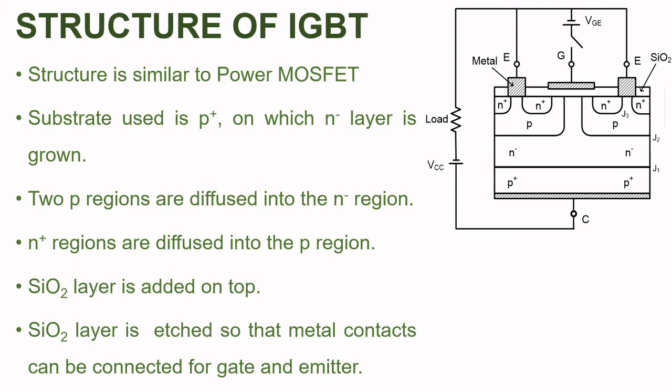On top of the surface, a layer of silicon dioxide, that is SiO2, is added. This layer of SiO2 acts as an insulating layer. The SiO2 layer is etched so that the metal contacts of the emitter terminal make contact with the N plus layer.